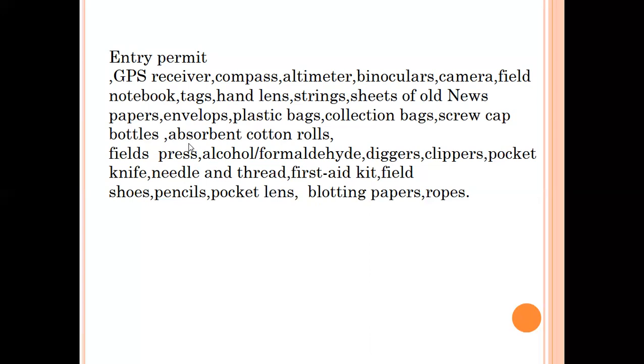cap bottles, absorbent cotton rolls, field papers, field press, alcohol, formaldehyde, diggers, clippers, pocket knives, needle and thread, first aid kit, field shoes, pencils, pocket lens, blotting papers and ropes.